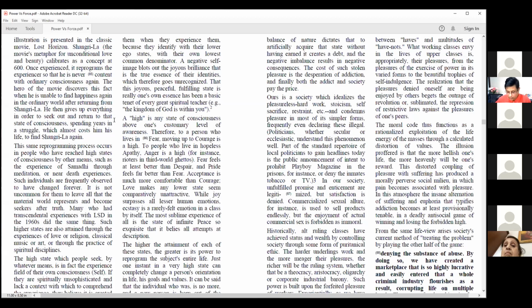Once experienced, it reprograms the experiencer so that he is never content with ordinary consciousness again. The hero of the movie discovers this fact when he is unable to find happiness again in the ordinary world after returning from Shangri-La. He then gives up everything in order to seek out and return to that state of consciousness, spending years in a struggle which almost cost him his life to find Shangri-La again.